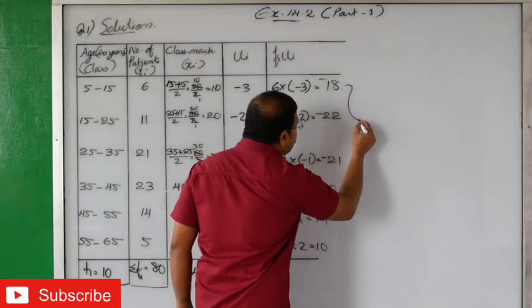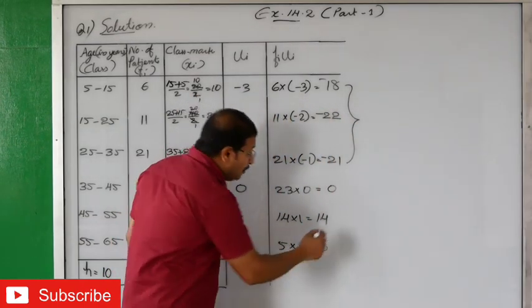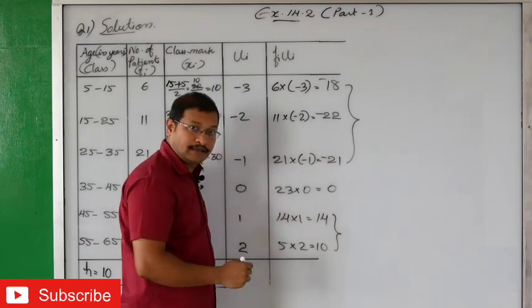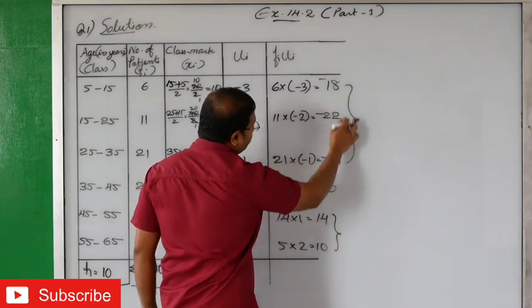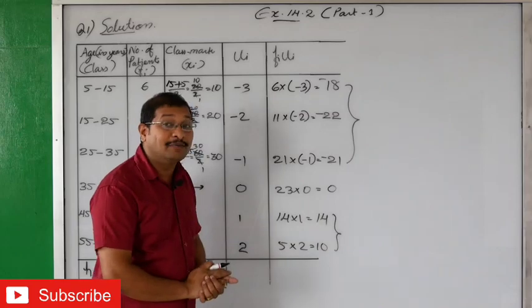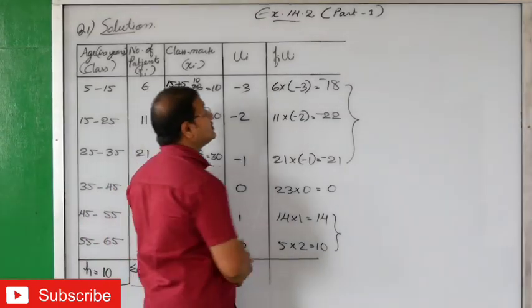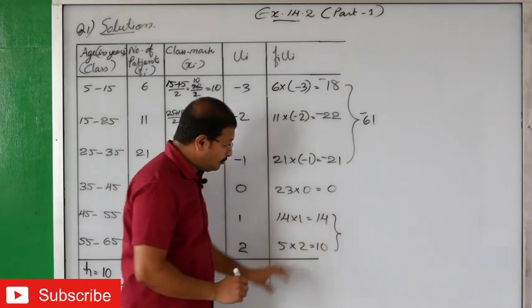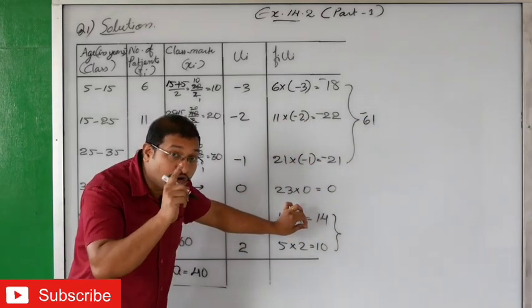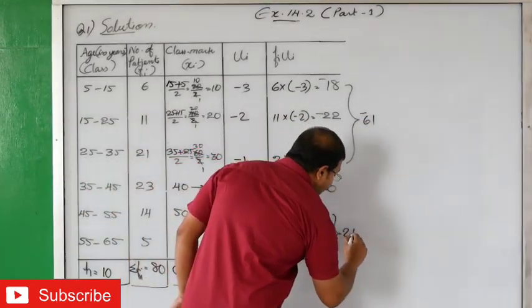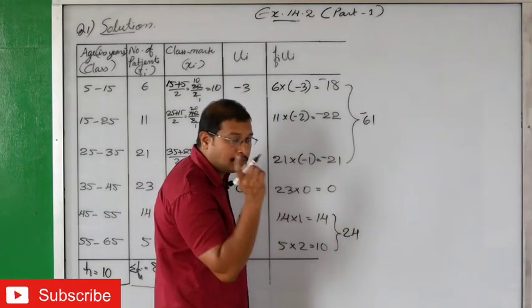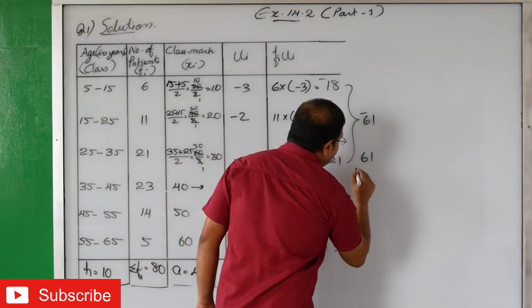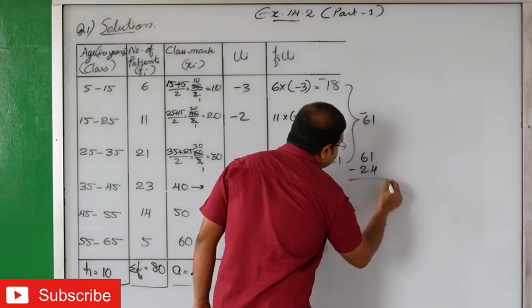Now all the negative numbers will add together, and the positive numbers will add together, isn't it? That means just add them. How much will you get? Yes, 61. Of course it should be minus. Now add this to what you'll get? 24, isn't it? So plus and minus, what will you do? Minus 61 plus 24.